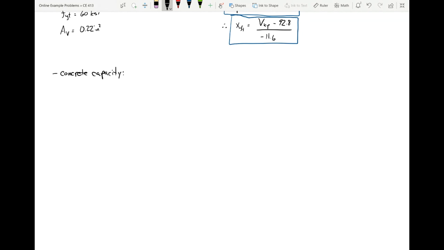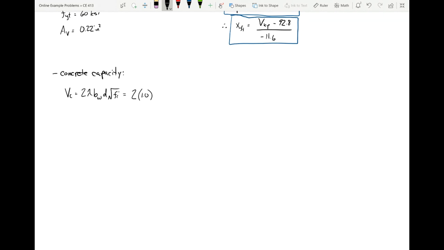So first off, V sub C. If you recall, that's 2 lambda BW D square root of FC prime. Okay, so let's plug and chug that. So 2, we're dealing with normal weight concrete, so this is 1.